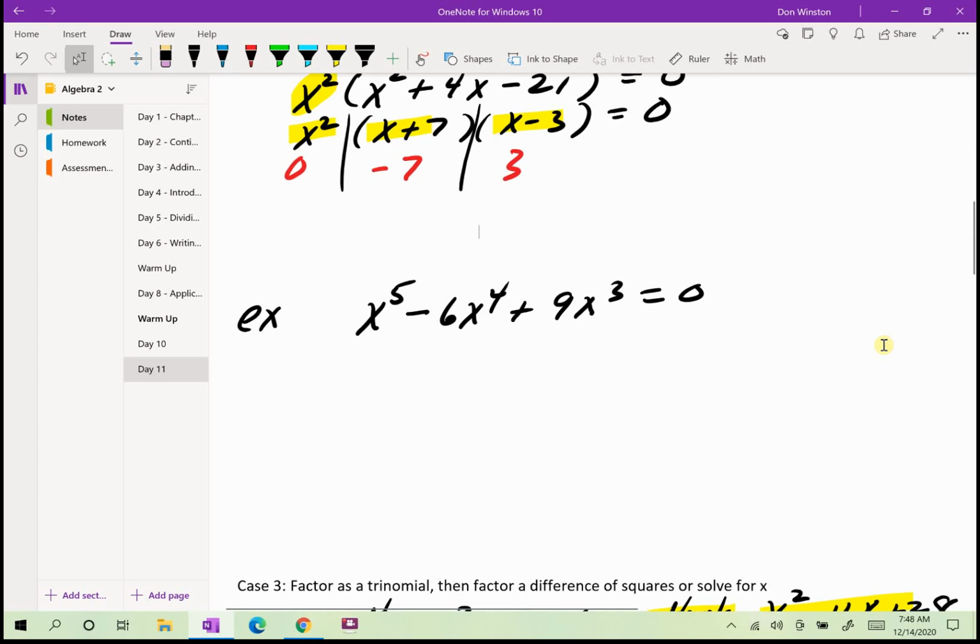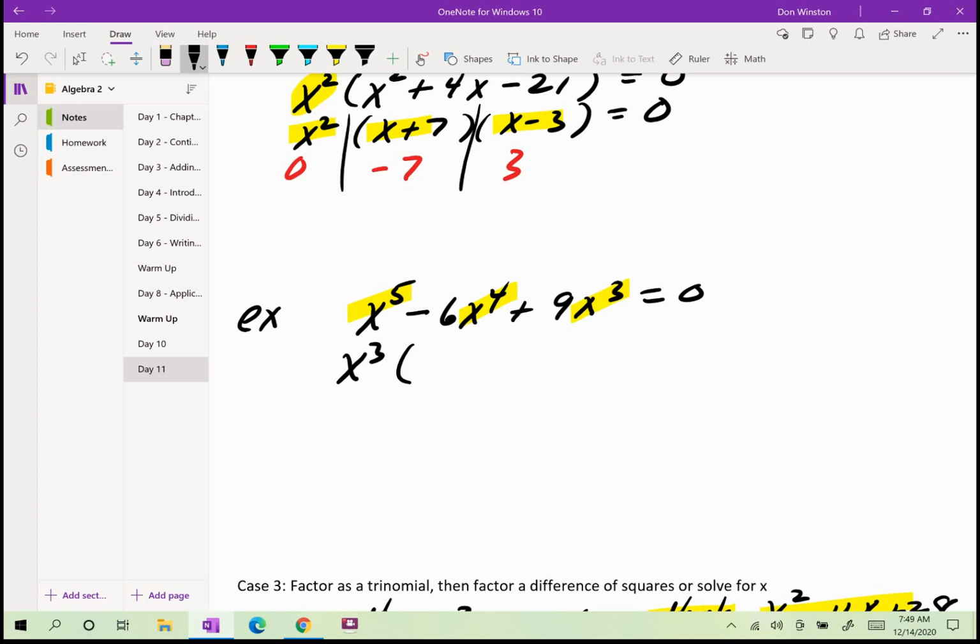Okay, try the next example. Pause the video and try the next example. Okay, so for this one here, I have x to the fifth, x to the fourth, and x cubed. There's no number I can factor out. I can factor out only x cubed, so I will factor out x cubed.